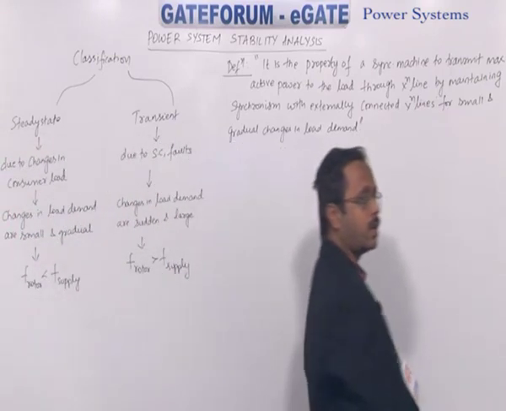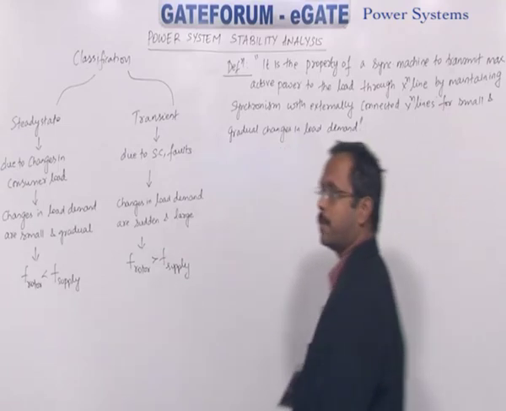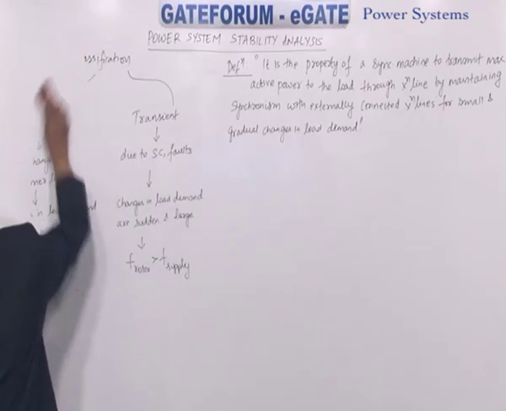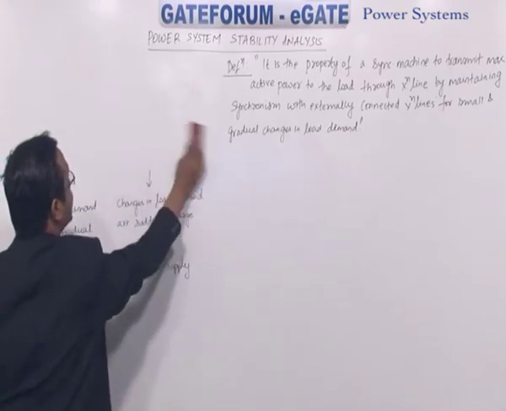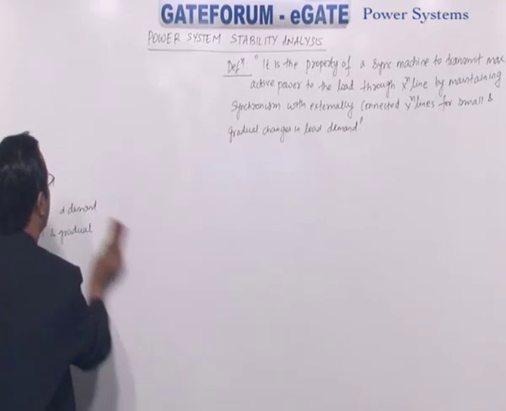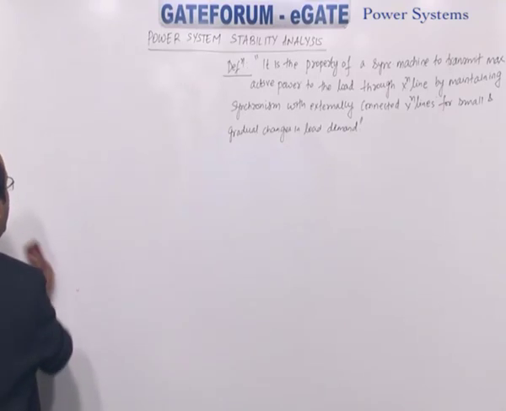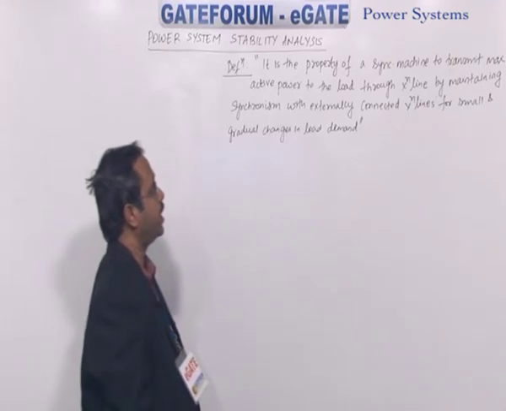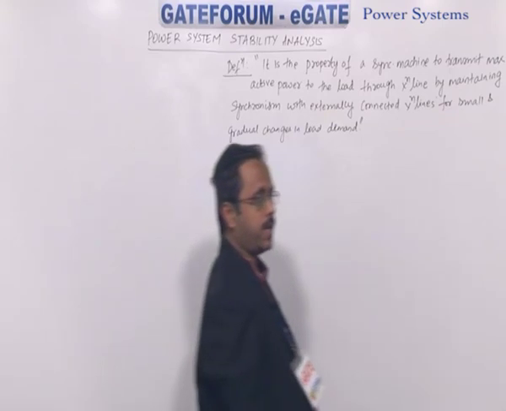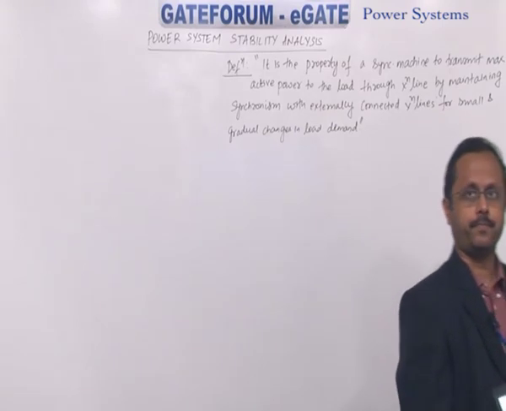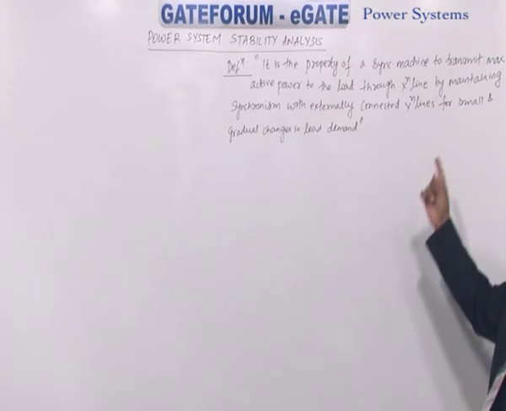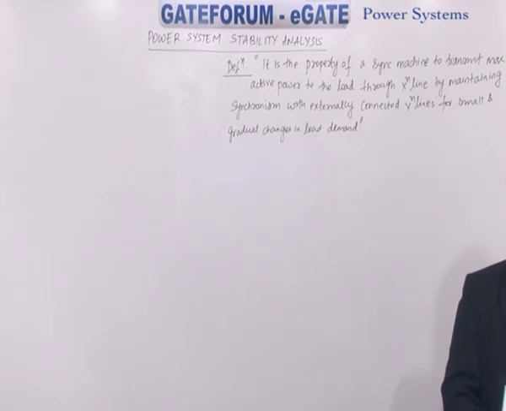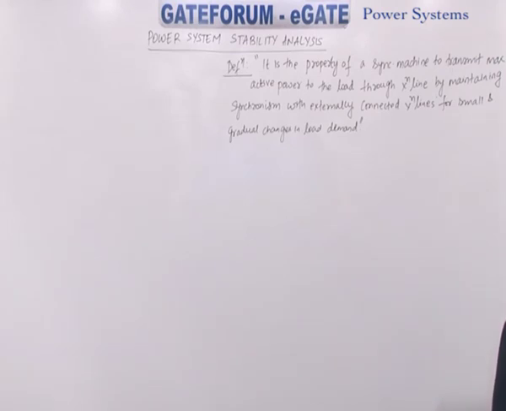This is how you define steady state stability. The steady state stability is the property of synchronous machine to transmit maximum active power to the load through transmission line by maintaining synchronism with externally connected transmission lines for small and gradual changes in the load demand.